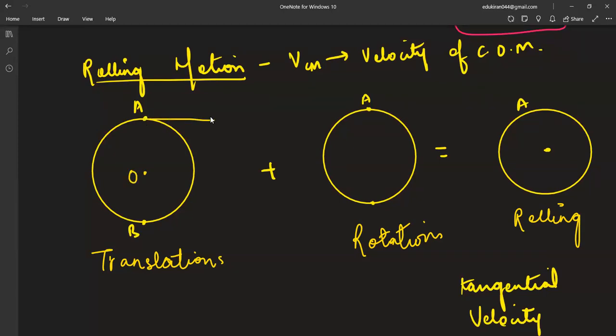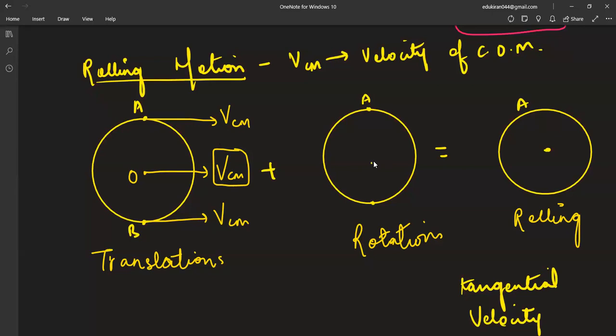There has to be the center of mass's velocity over this point also, right? There will be a center of mass's velocity here also, as well as here. So 3 different points we have taken, right? So this is all about translation. This is the velocity of the center of mass that is occurring.